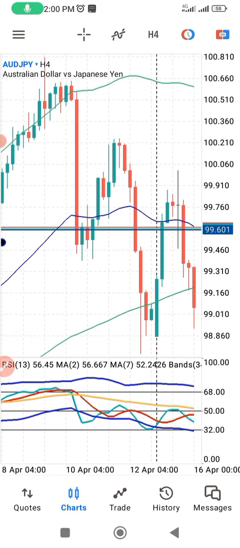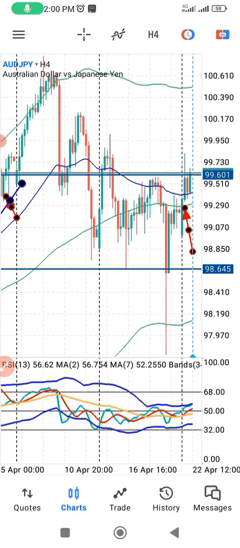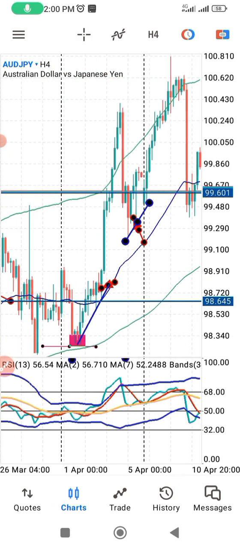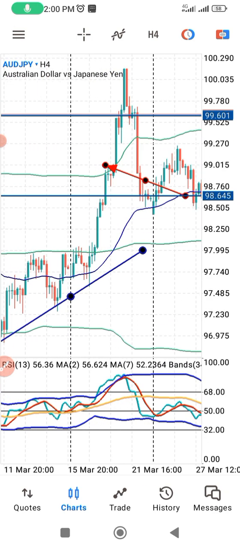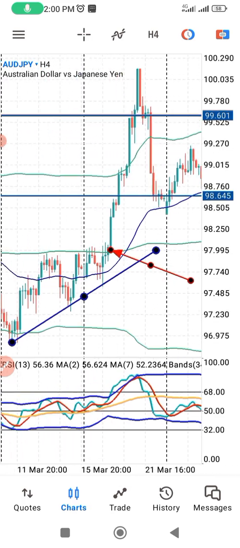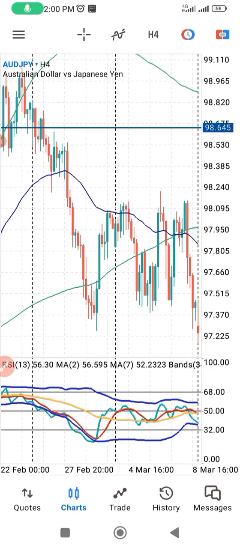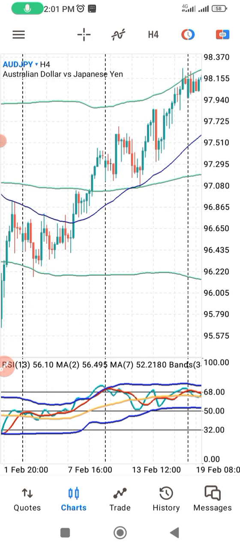I think we still have another one here. This is it, and that takes us into that trade. So you can look for this pin bar.